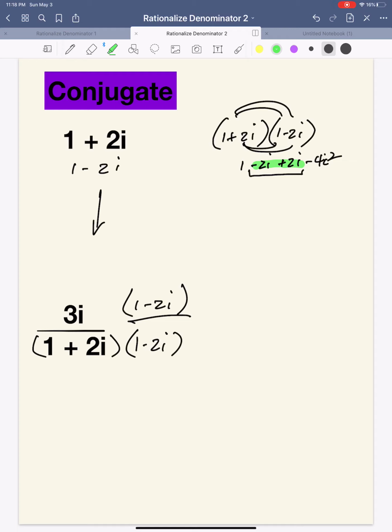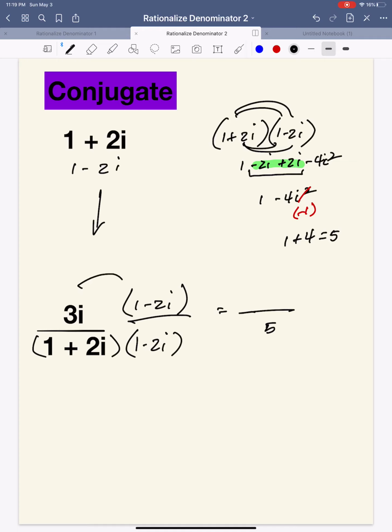And that's exactly what you want. So really what you have is 1 minus 4i squared. The i squared is -1. And really what you have is 1 plus 4, which is 5. So I already know this bottom part, because I just did it, is 5. And that's what you want. You don't want the imaginary number there.